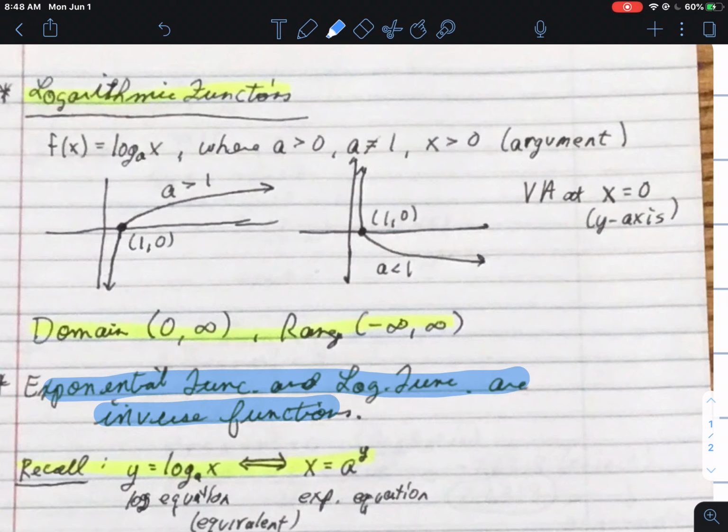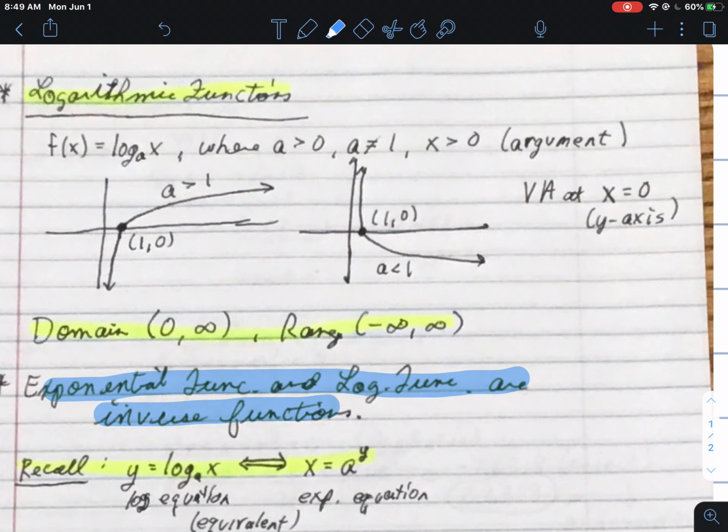Now, the usefulness of that relationship is that everything that you know about exponential functions can be used to help you understand log functions, because everything is just opposite. It's inverse, right? So whatever an exponential function is, the log function does exactly the opposite of that.